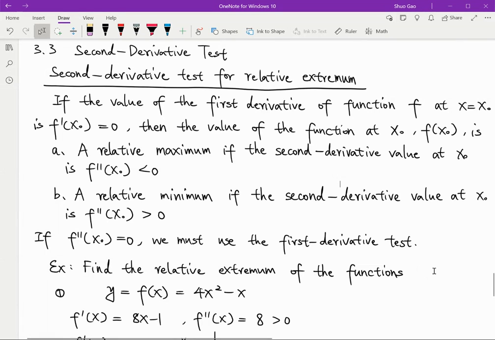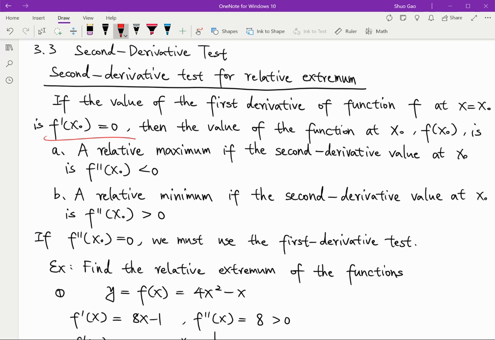So here we have the second derivative test for the relative extreme values. It says that if the value of the first derivative of the function f at the point x0 is 0, f prime x0 is 0, that means this is a stationary point. It's either a maximum or minimum or nothing.